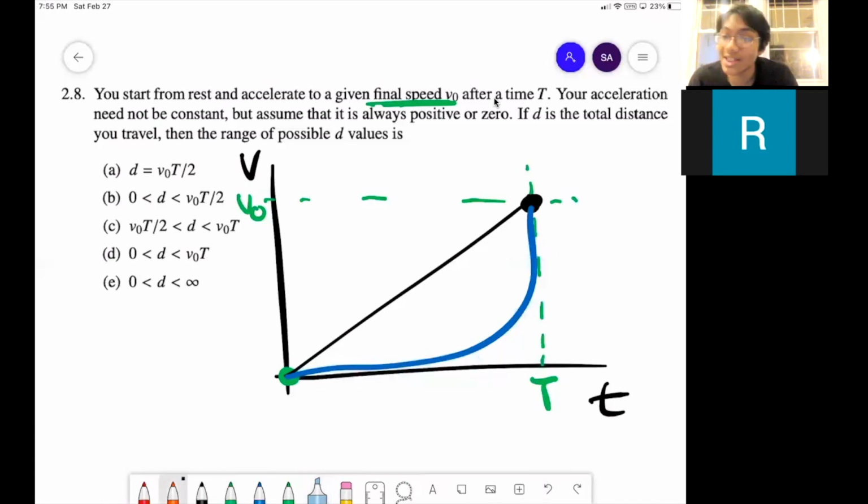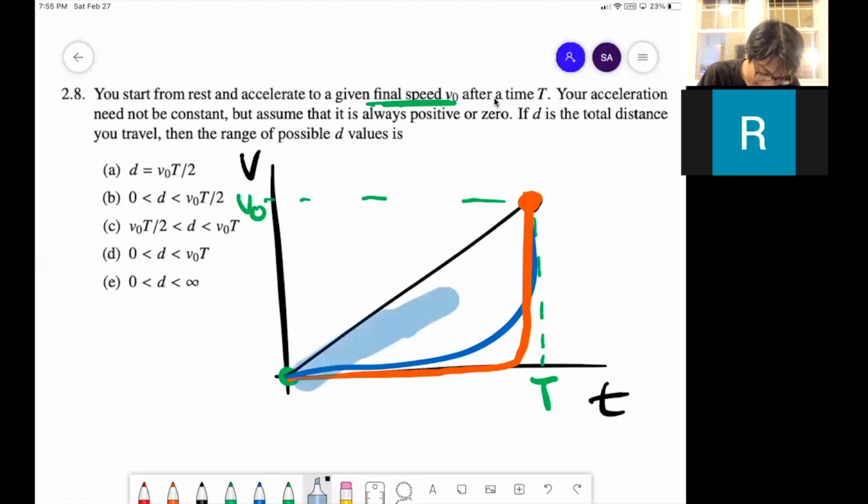And of course, we can make this arbitrarily close to my final time. I can be 0 velocity, 0 velocity, and then finally, very quickly, I can ascend to my final velocity like that. Okay, well, with that being said, what are the implications of this? Well, notice that if you went at constant acceleration, the distance you'd have to travel is exactly this much, right?